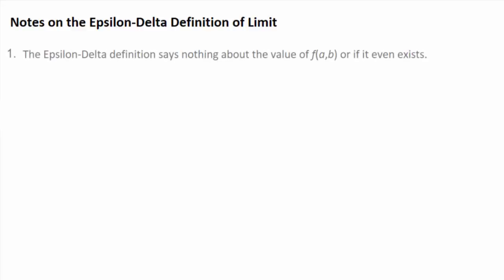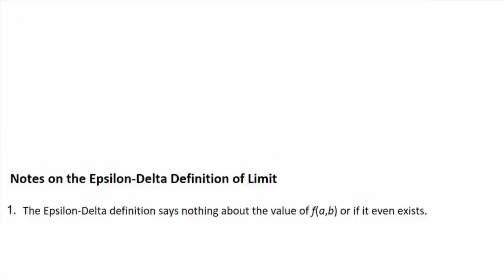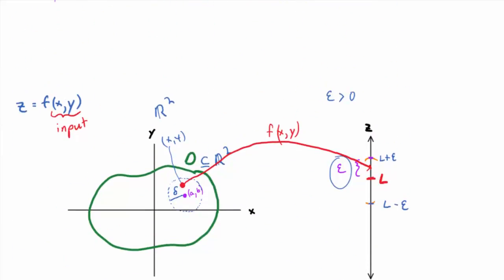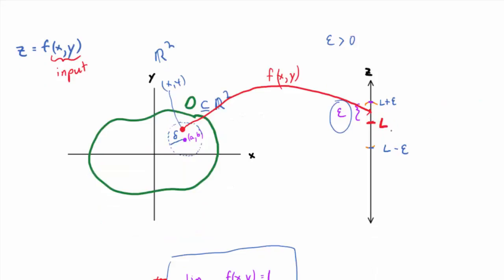So some notes on the epsilon delta definition of limit. Note number 1. The epsilon delta definition says nothing about the value of f of AB, or if it even exists. In other words, we don't care if L equals f of AB.